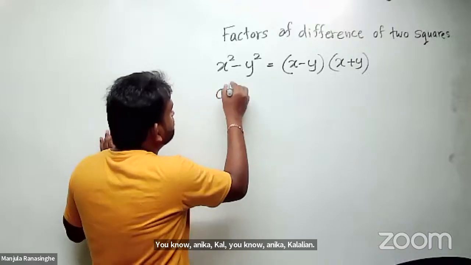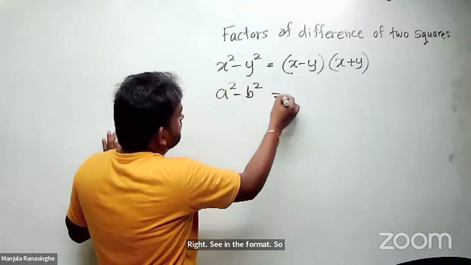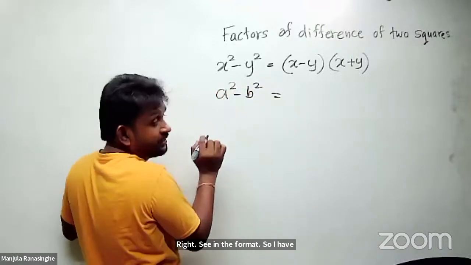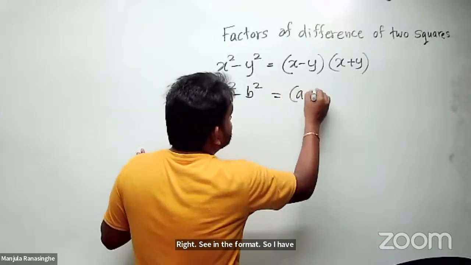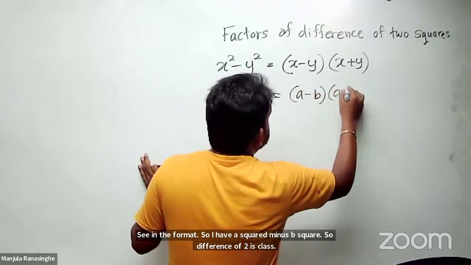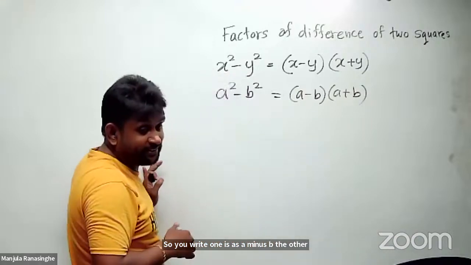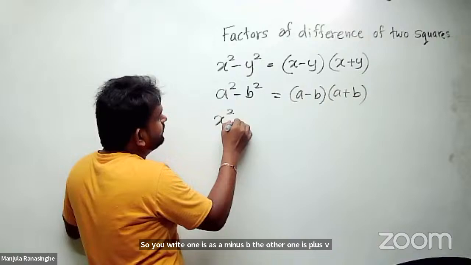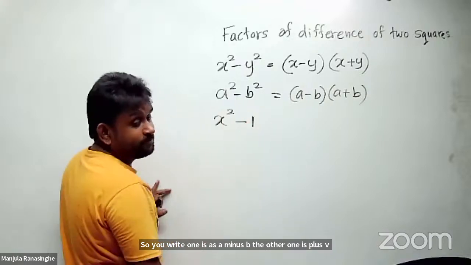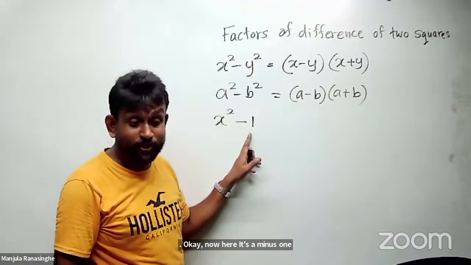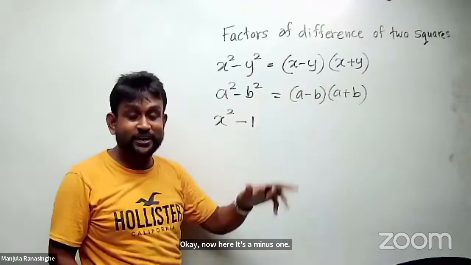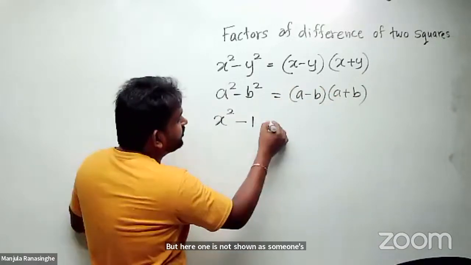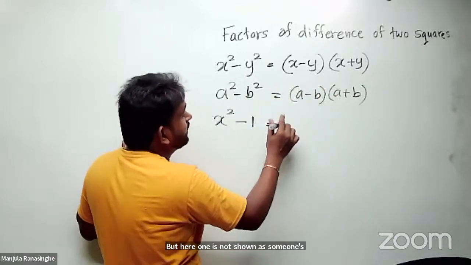So I have a squared minus b squared, a difference of two squares. So you write one as a minus b, the other one a plus b. Okay. Now here x squared minus 1, but here 1 is not shown as someone's square. So what we do, we write it as the square of something.